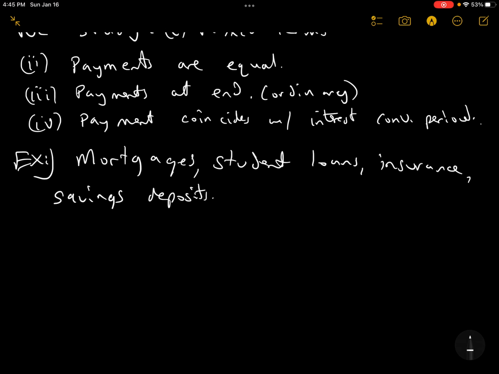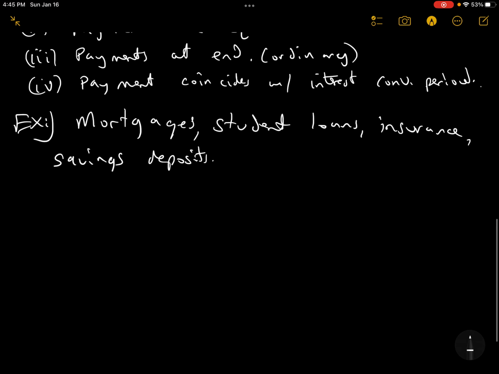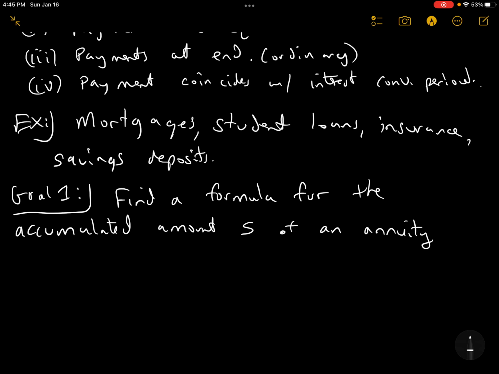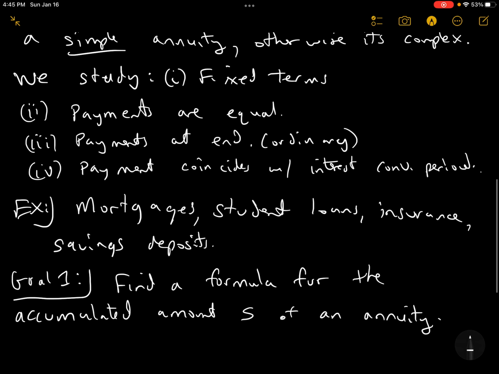All right, there's two real goals from this section, and goal number one is to find a formula for the accumulated amount S of an annuity, given our four assumptions above here.